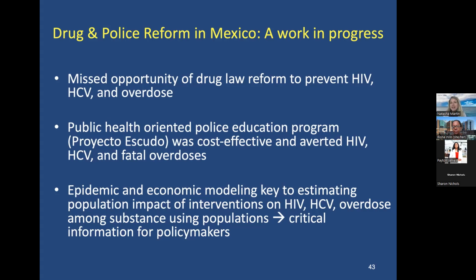And epidemic and economic modeling were the tools that we needed to use in order to generate these arguments about the potential missed opportunity and potential impact and the economic implications and cost effectiveness. And so it's really a valuable tool to look at the population impact of interventions among substance using populations to provide the critical information that policymakers need to implement change.